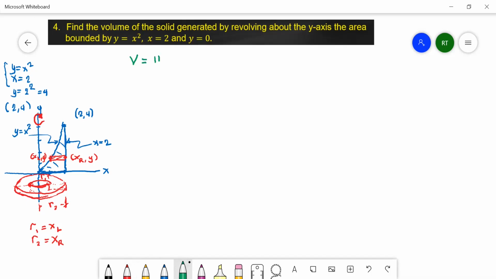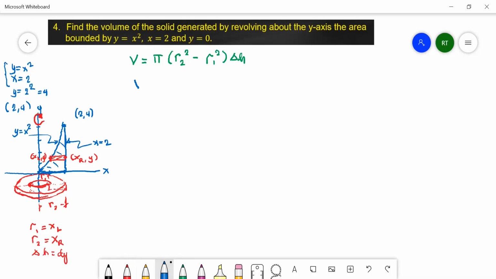The volume of the washer is pi times the quantity, the outer radius squared minus the inner radius squared, times the thickness. And the thickness, of course, is the differential of y since the element is horizontal.